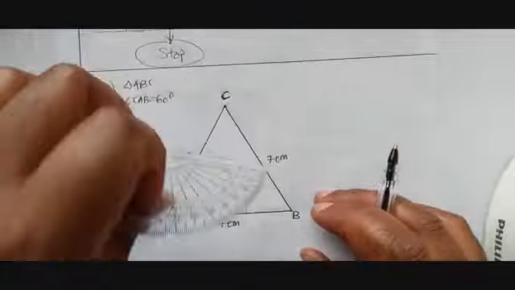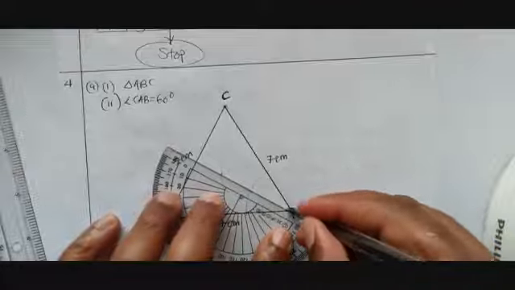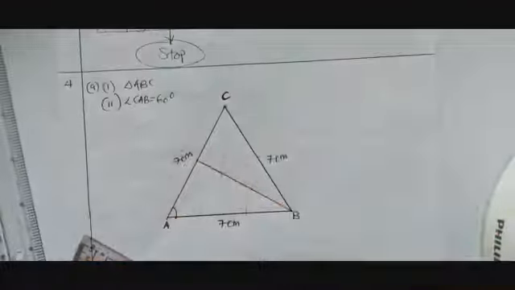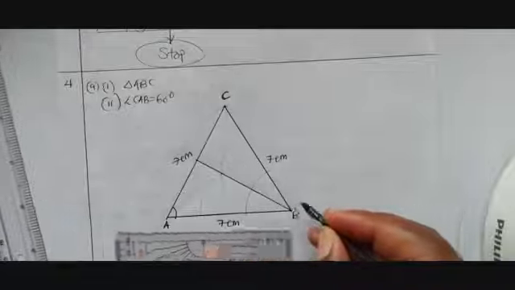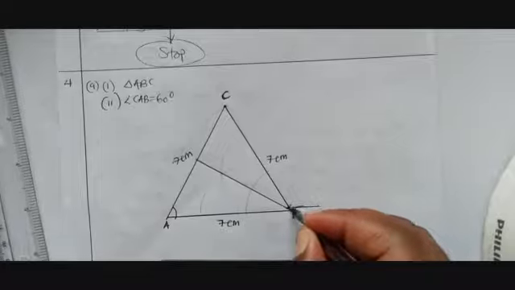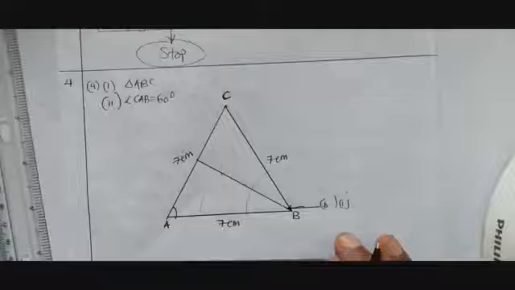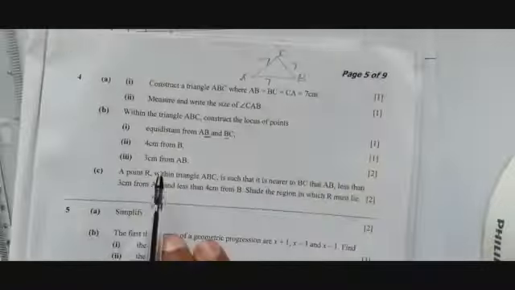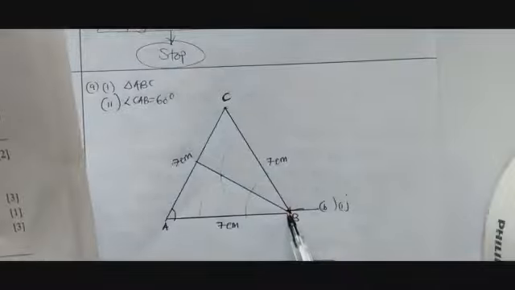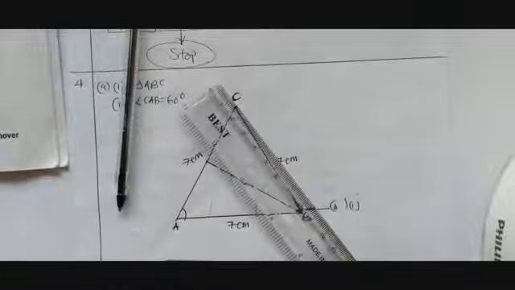Okay, so you can get a ruler and join. Okay, so we're going to name this as B1. Okay, then the next one, you need to measure 4 centimeters from point B. So you get your ruler and measure 4 centimeters using a compass.